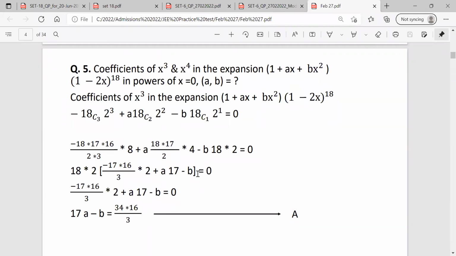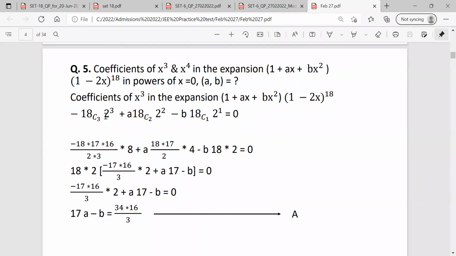So just take these terms outside and just arrange the terms in such a way that the value of a and b is on one side and all the other terms are on the other side. So you can just simply rearrange this equation and you have 17a minus b is equal to 17 into 16 by 3 into 2. So this is the first equation.